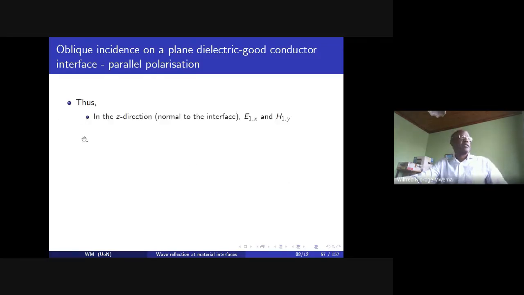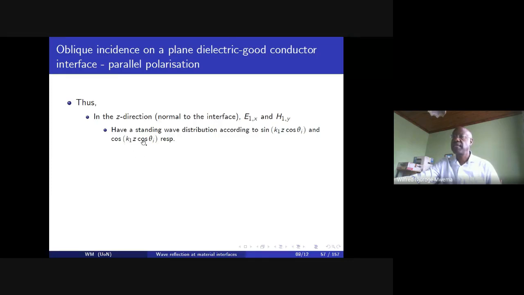Therefore, we can note the following. In the z direction, that is in the direction normal to the interface, E1x and H1y have a standing wave distribution according to the sine of K1z cos theta I for Ex and cos K1z cos theta I for H1y respectively.